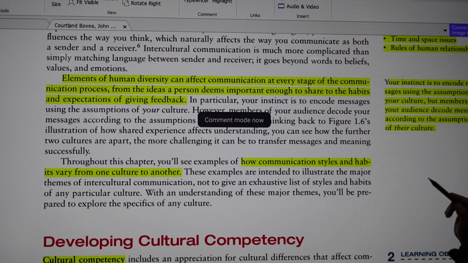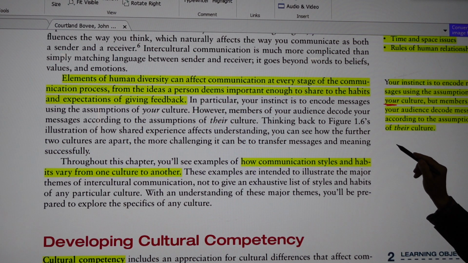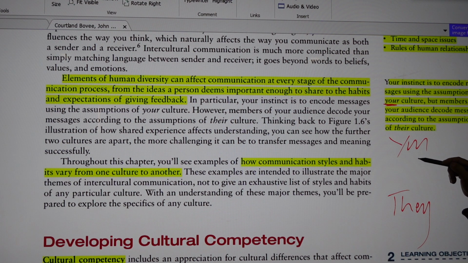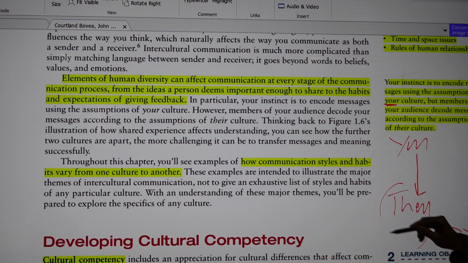When you communicate, you are here, they are there. So always think what they like, not what you like. When you compose a business message, do not compose from your perspective. Compose from the consumer's perspective.